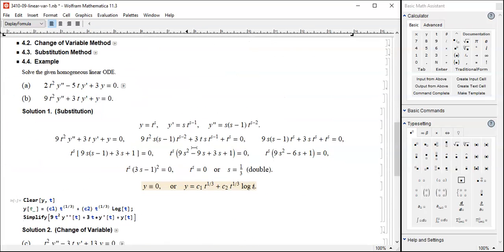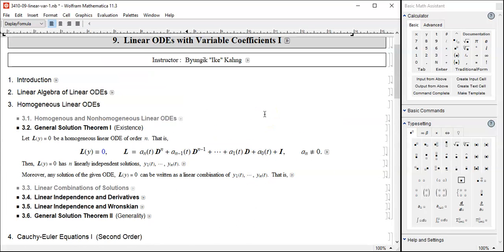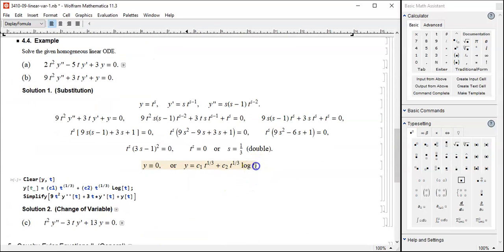Let's come back here. When you have double root, you can put log of t to find another solution here. Why is that? You don't have to know. If you prove this, which we'll do in a separate video, then you don't have to know, because it doesn't matter which method you select.